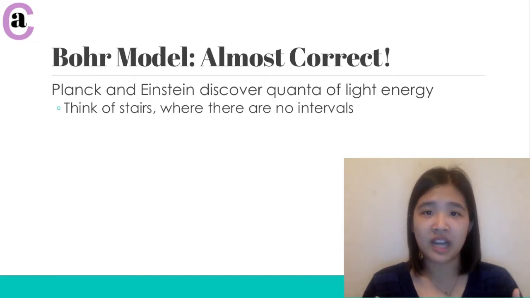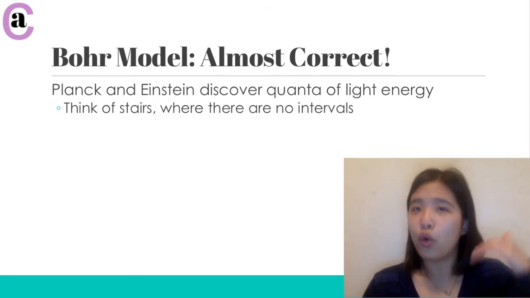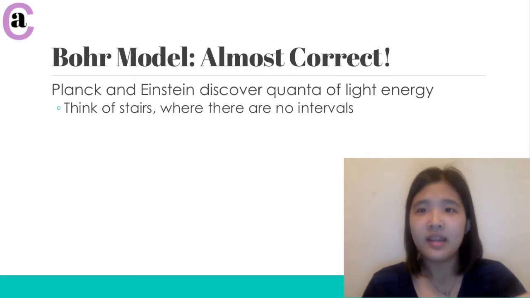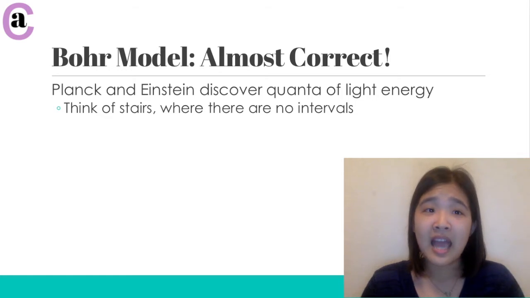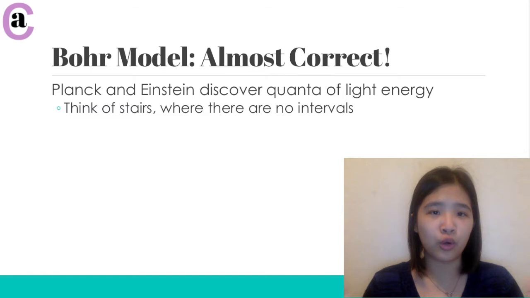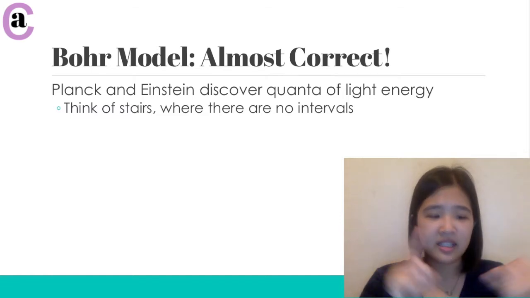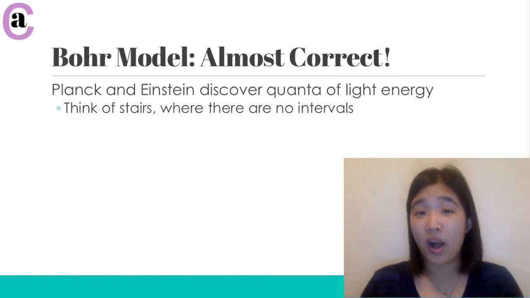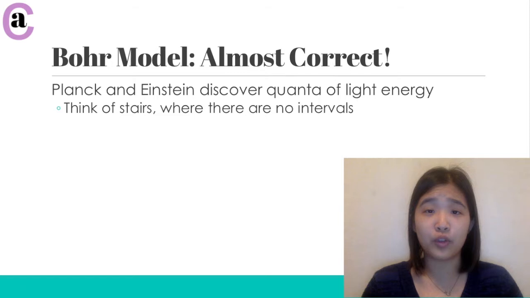When you're on a staircase, you're either on the bottom step or the first step or the second step. There are only whole numbers. There's not a gray area. So there's completely no gray area when you're talking about stairs or when you're talking about quanta of light energy. So it's from this knowledge that Bohr is able to come up with his atomic model.